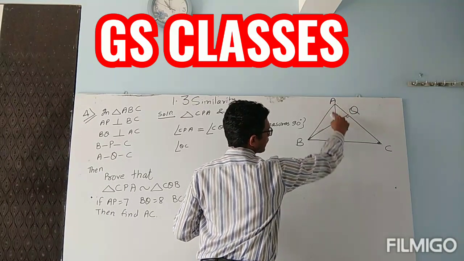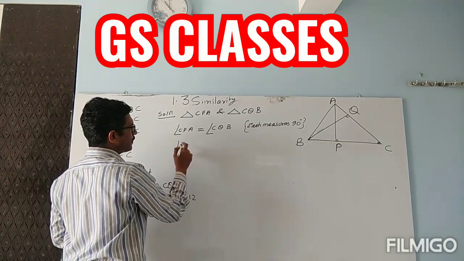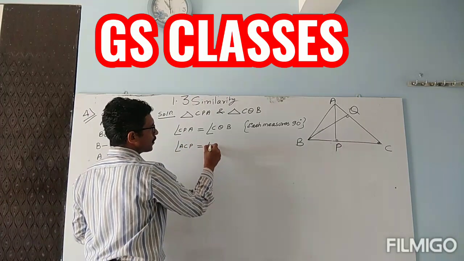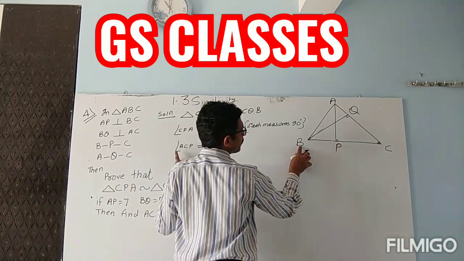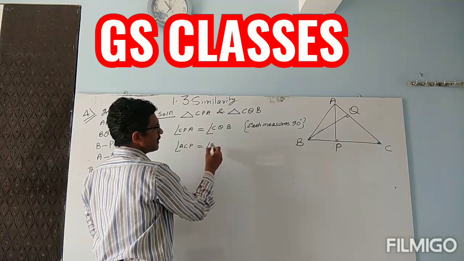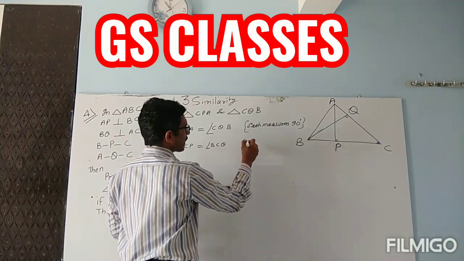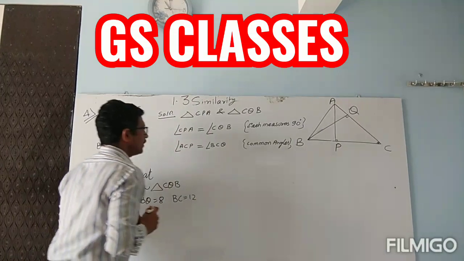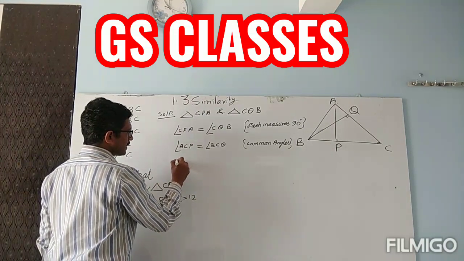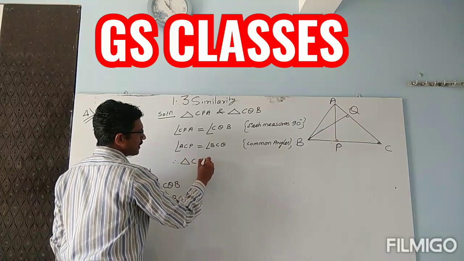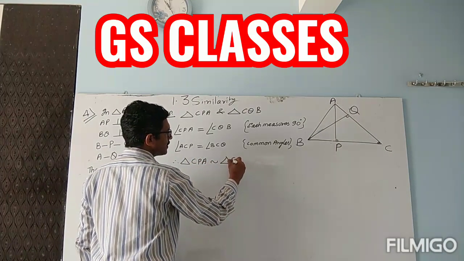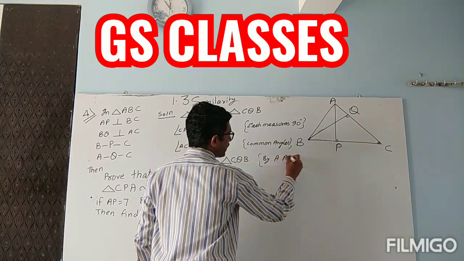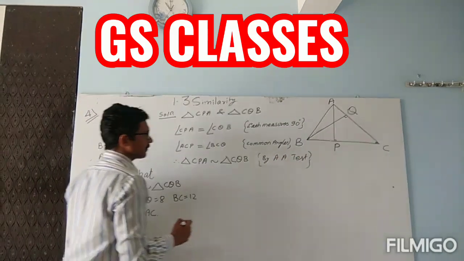Supposing we are working for the triangle APC, we will start with A. Angle ACP equals angle, corresponding to A, the value will be B, so BCQ. What will we write? Common angle. Now children, we can say that triangle CPA is similar to triangle CQB by what? By the AA test of similarity.